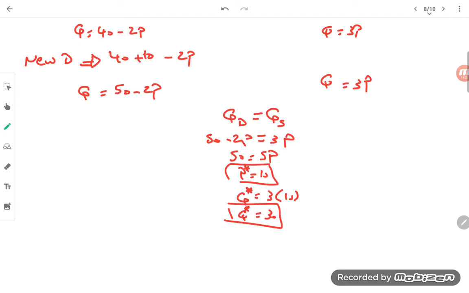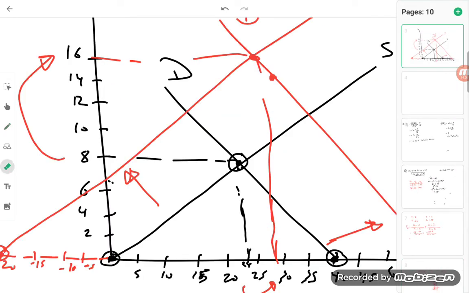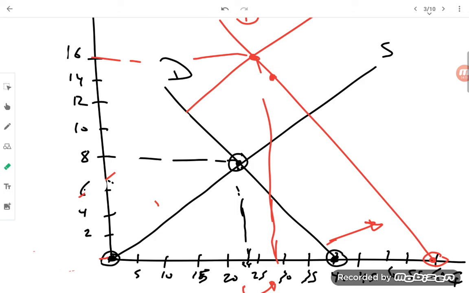This should be illustrated graphically. Just draw the initial demand and supply functions.